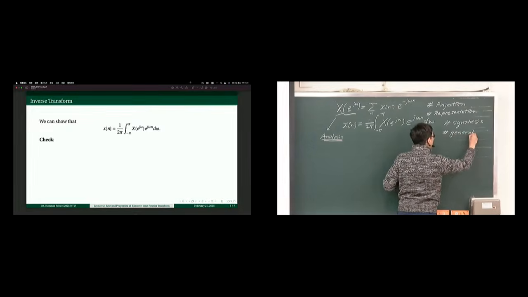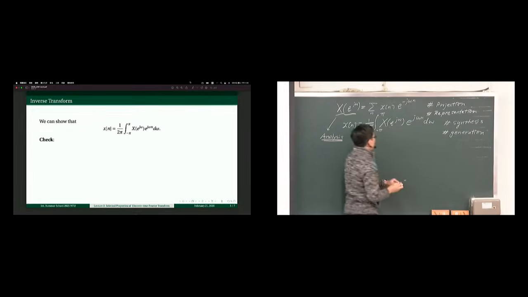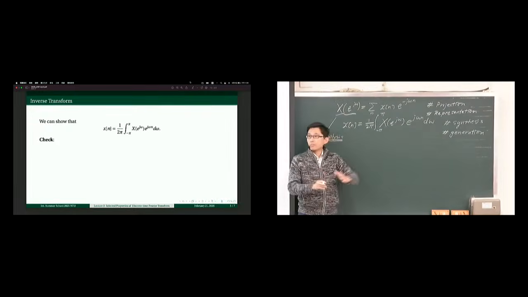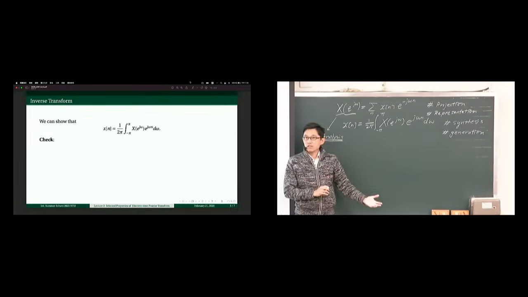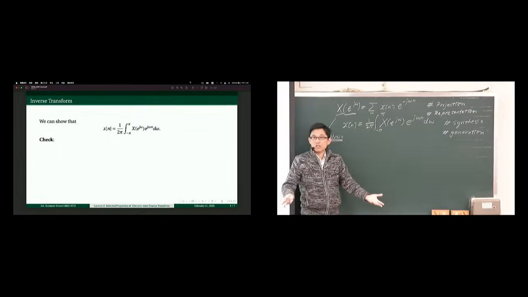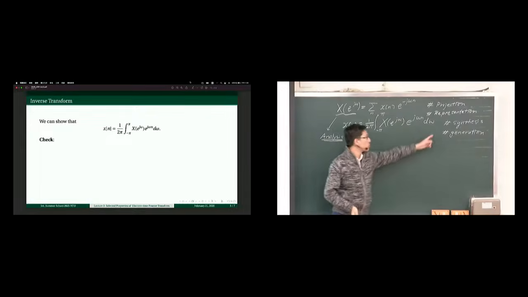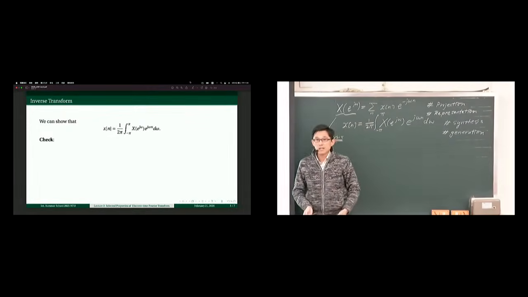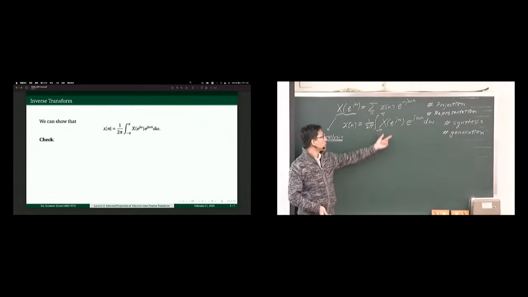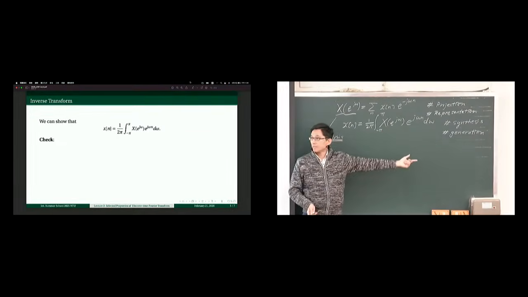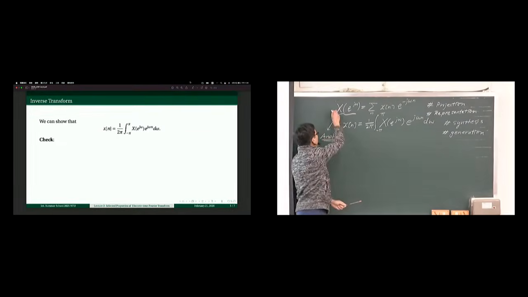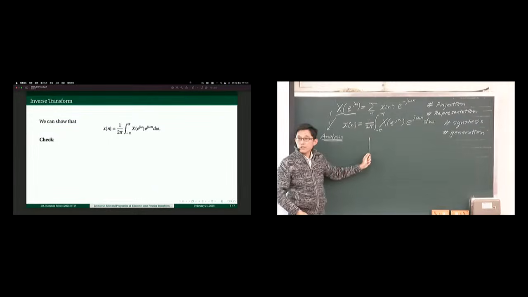You generate a signal by collecting the spectral components and adding everything back together. Analysis and synthesis, analysis and generation. Generation is more fancier, but traditionally we use the word synthesis, synthesizing the signal by collecting all the spectral components. So that's the way I look at the forward transform as well as the inverse transform of DTFT.